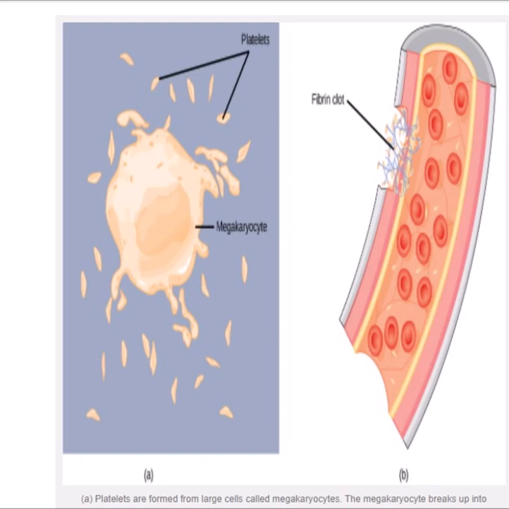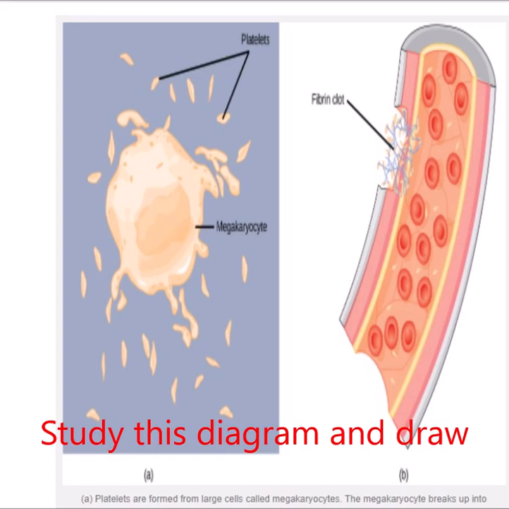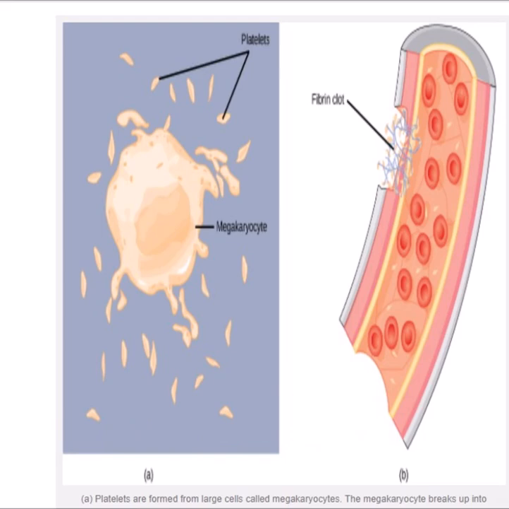Platelets and coagulation factors. Blood must clot to heal wounds and prevent excess blood loss. Small cell fragments called platelets, those are the thrombocytes, are attracted to the wound site where they adhere by extending many projections and releasing their contents.